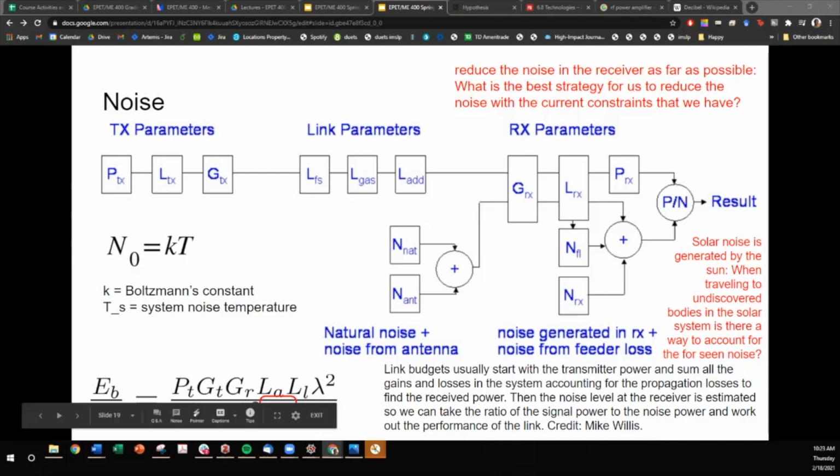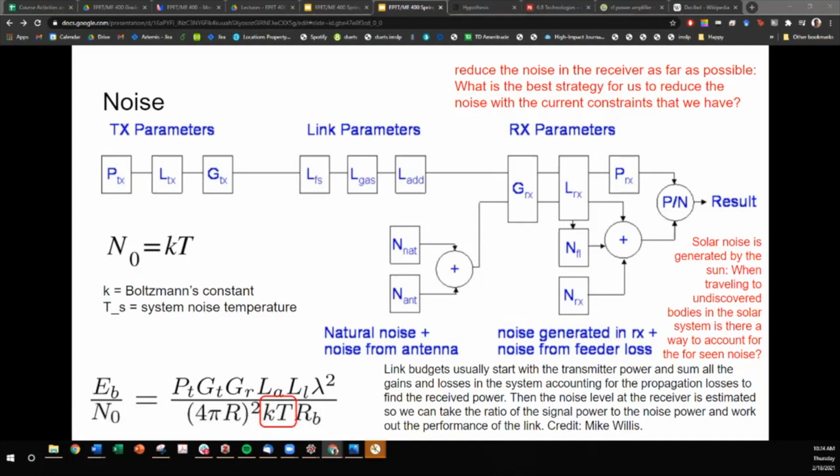Okay, there was another question about solar noise. When traveling to undiscovered bodies in the solar system, is there a way to account for the foreseen noise? Yeah, you can have things called filters. If you know what frequency the noise is going to perturb your actual signal, then you can have filters that reject that noise.